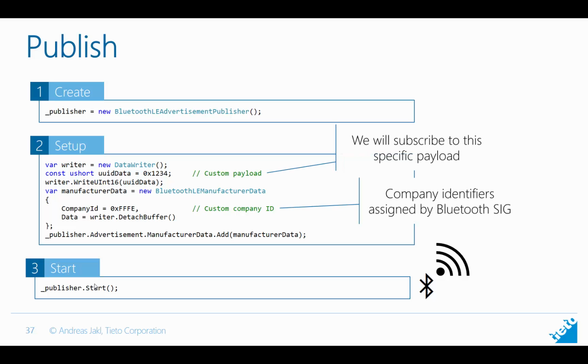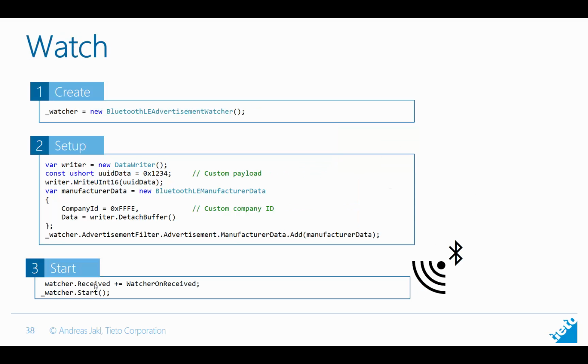For receiving Bluetooth beacon advertisements, it's actually pretty much the same code. So I just switched now to the next slide. You didn't really see any kind of difference. What's different is actually just the very first line of the publisher. It's now a Bluetooth low energy advertisement watcher. These lines are exactly the same code.